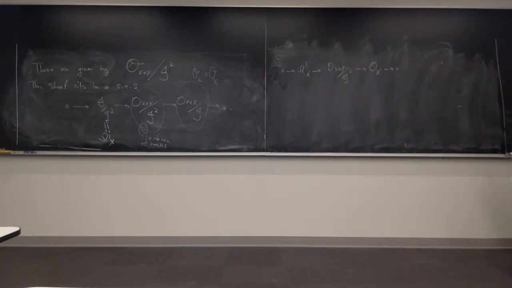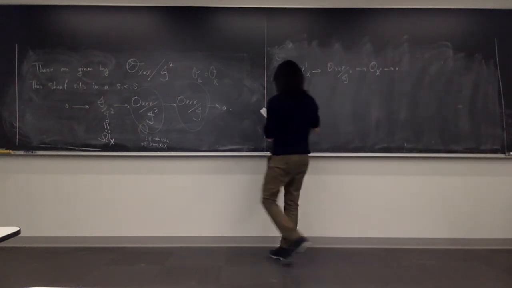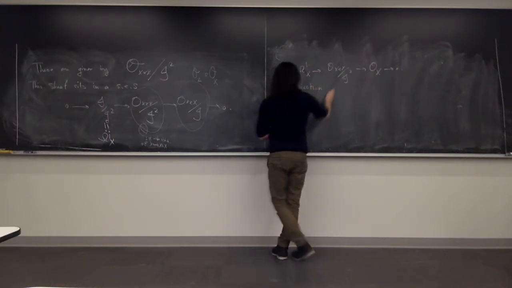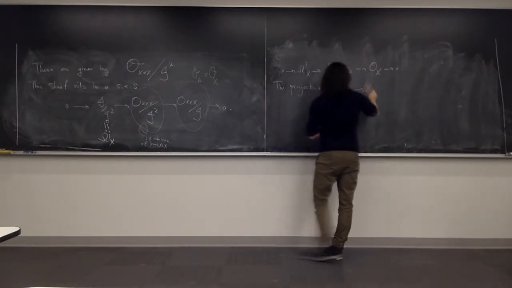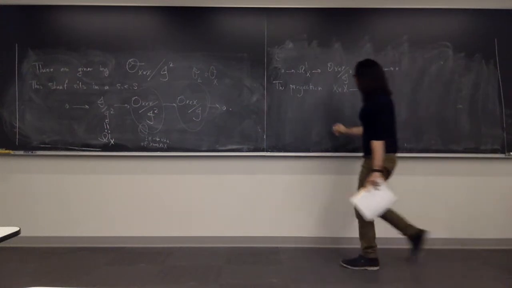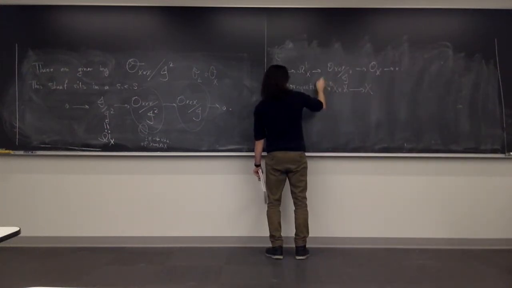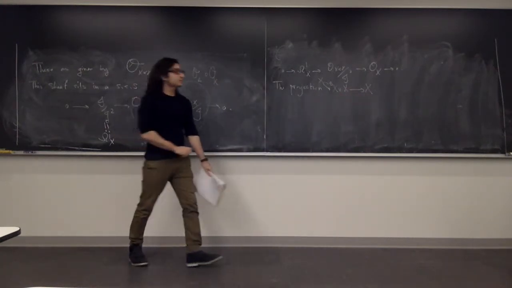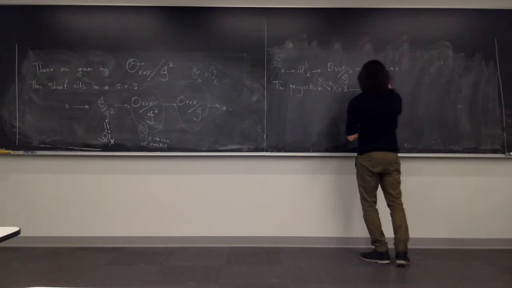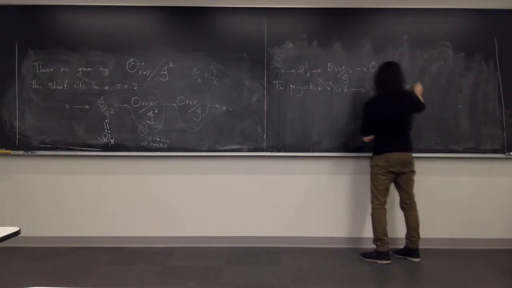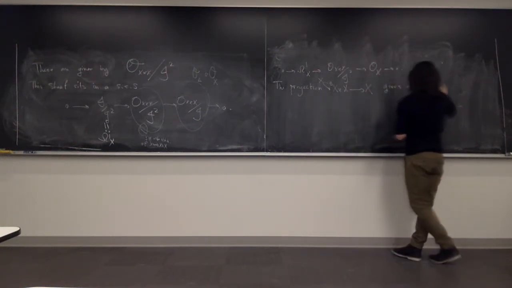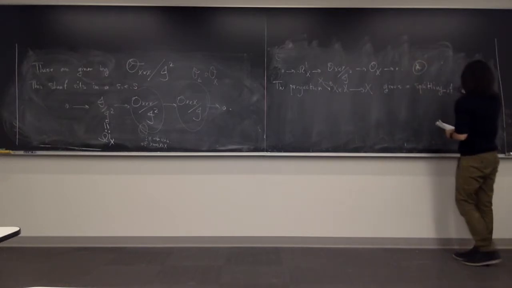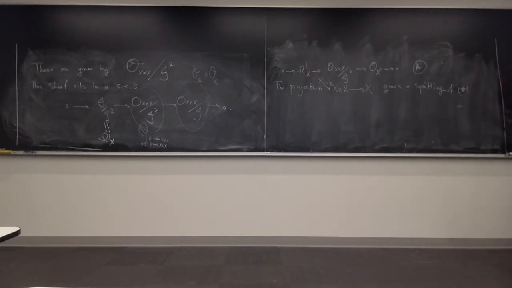This is true. Now, the projection of X times X onto X. Of course, you can embed X by the diagonal inside here and then project back to a factor of X, and that's the identity. So the projection gives a splitting of this short exact sequence.